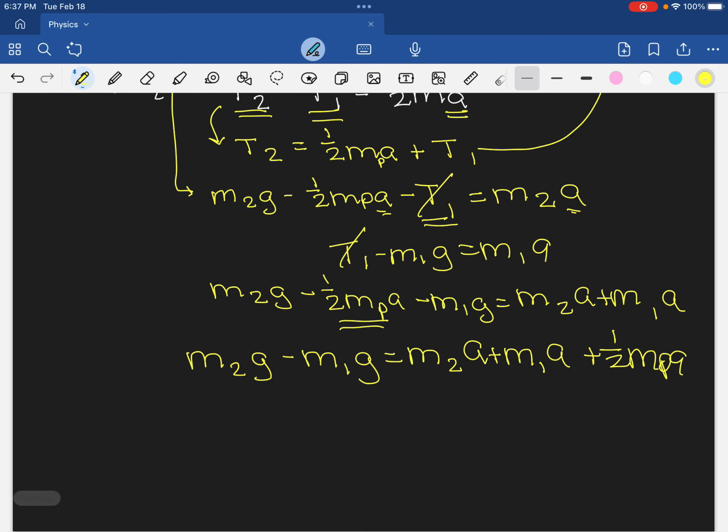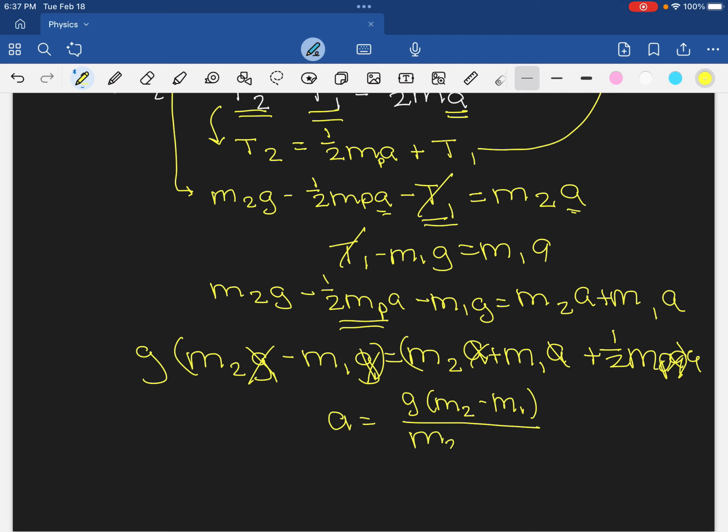We can factor out G. So I can pull G out of here, and I could also pull A out of here. And if I divide both sides, what I end up getting is that A is equal to G times M2 minus M1, all divided by M2 plus M1 plus 1/2 MP.